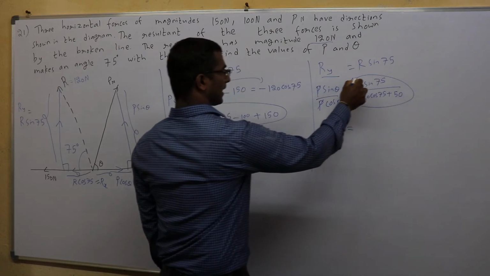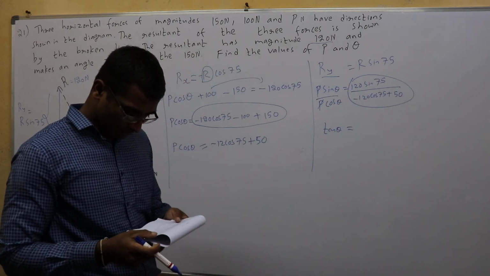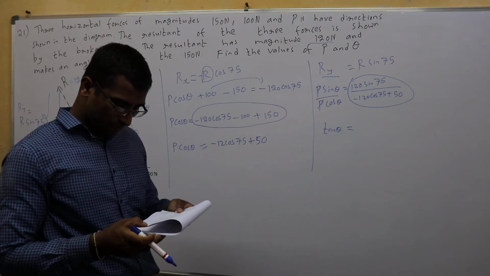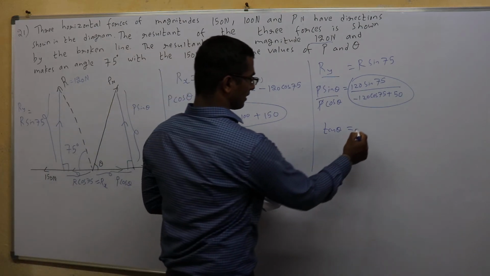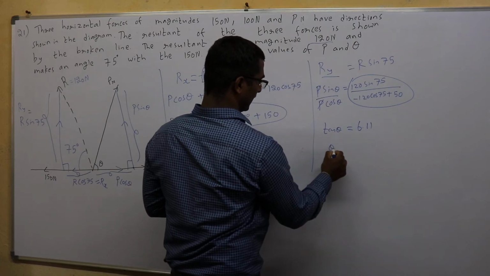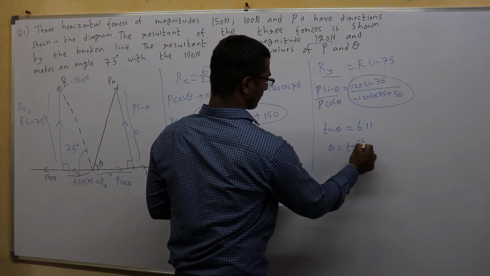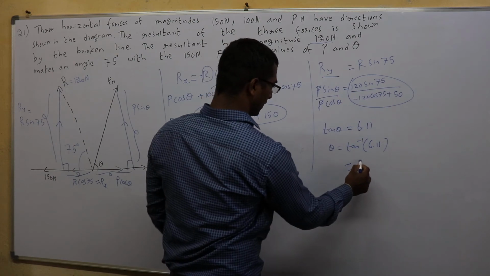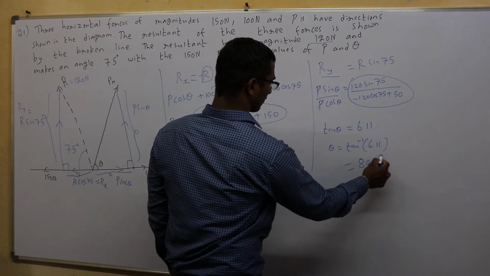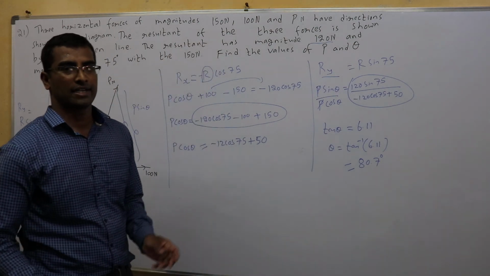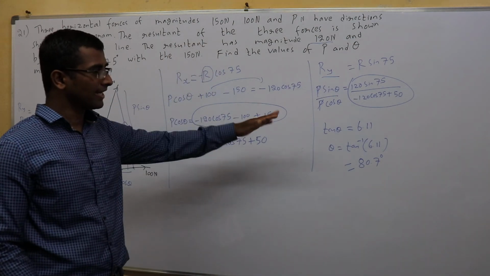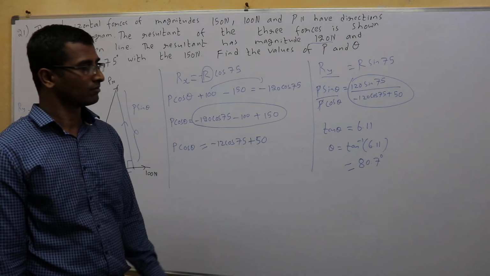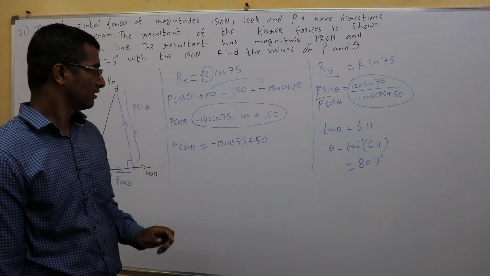If you put this in the calculator, you get 6.11. So theta equals tan inverse 6.11, which is nothing but 80.7. Am I clear? I didn't calculate this directly, I have taken it there. I got the value of theta.